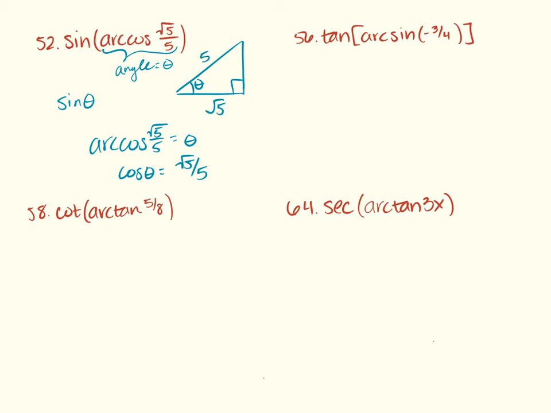And so we're going to do Pythagoreans to figure out our remaining side. So we end up with square root 20 or 2 root 5, okay? And what we want to find is sine theta. So sine theta is opposite over hypotenuse. We know our opposite is 2 root 5 and our hypotenuse is 5. So there's our answer. Okay, let's look at another one.